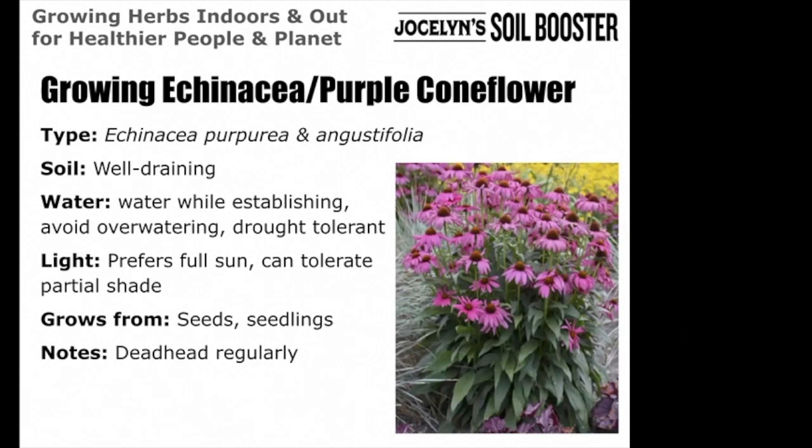Again, it prefers full sun, just like most flowers do, although it can tolerate partial shade. And if you snip the flowers regularly, which is called deadheading, then it'll promote more flower growth. And the great thing about this is when you pick those flowers, you can keep them to use for tea or to make tinctures to use as medicine.